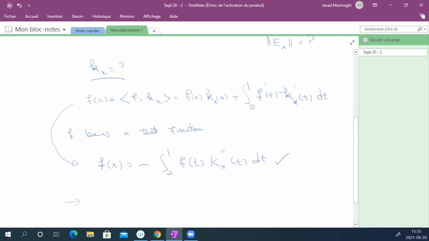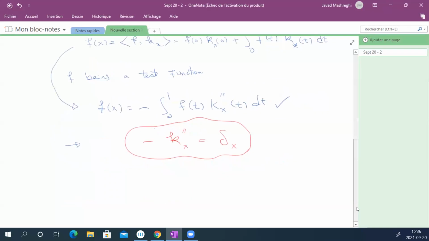And now we know what the general solution is. The general solution of k_x of t was, the equation first. As before, the equation is minus k_x double prime is delta_x, the same equation as before.